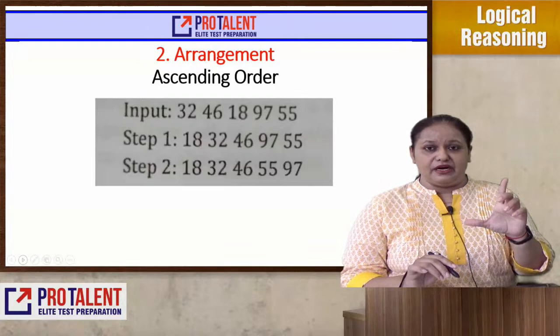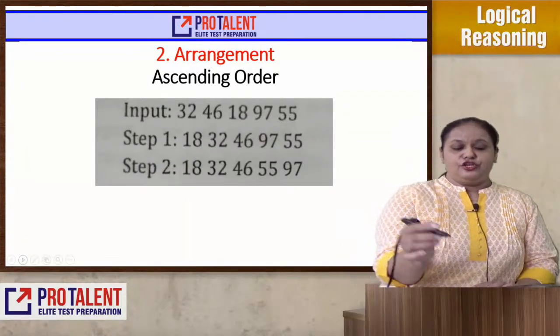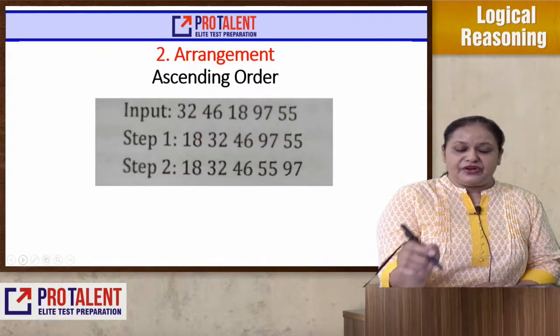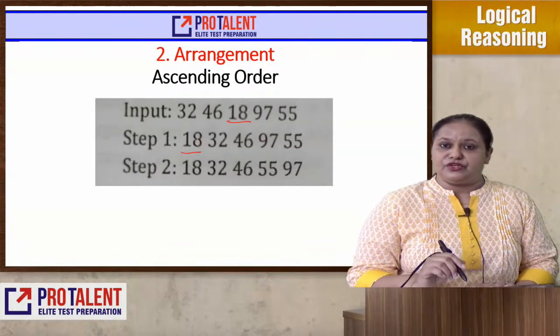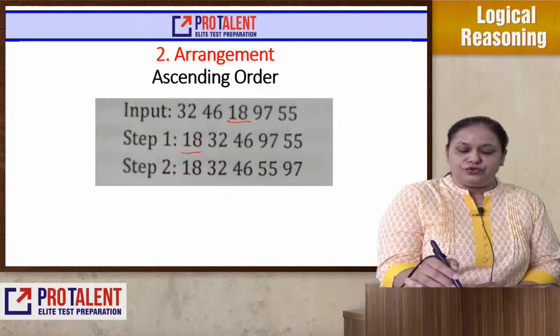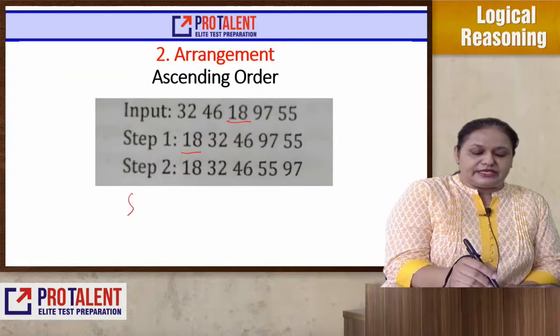Smaller to bigger. Ascending order and descending order. Step 1, 18, and the rest of the series is as it is. Step 2, we took 32, 46, 97, 55. So what would have been step 3?